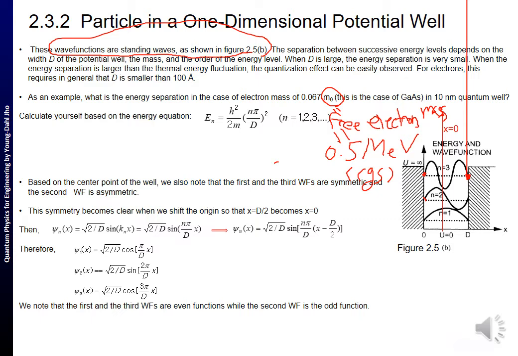In semiconductor devices or in general applications, we use CGS units many times instead of SI units.